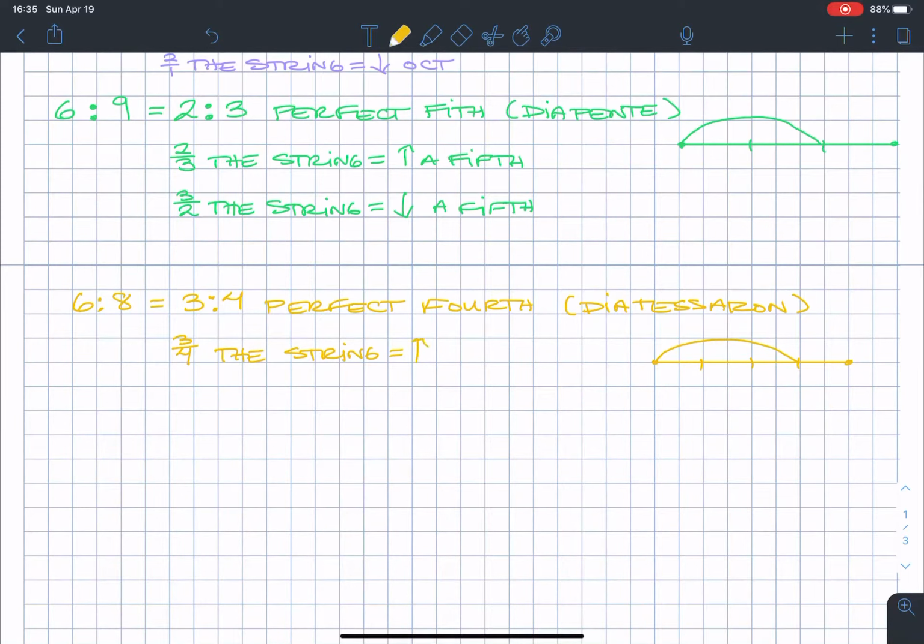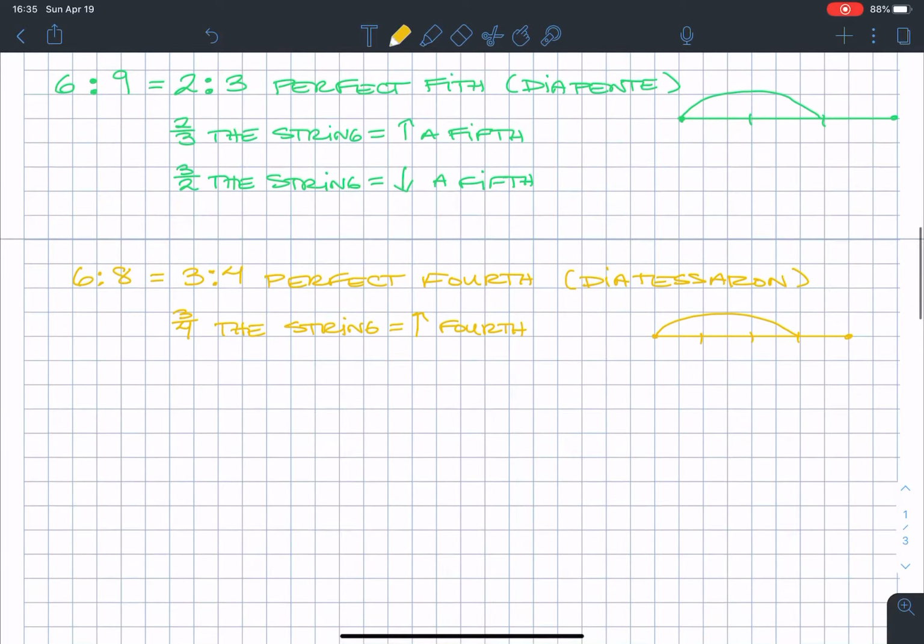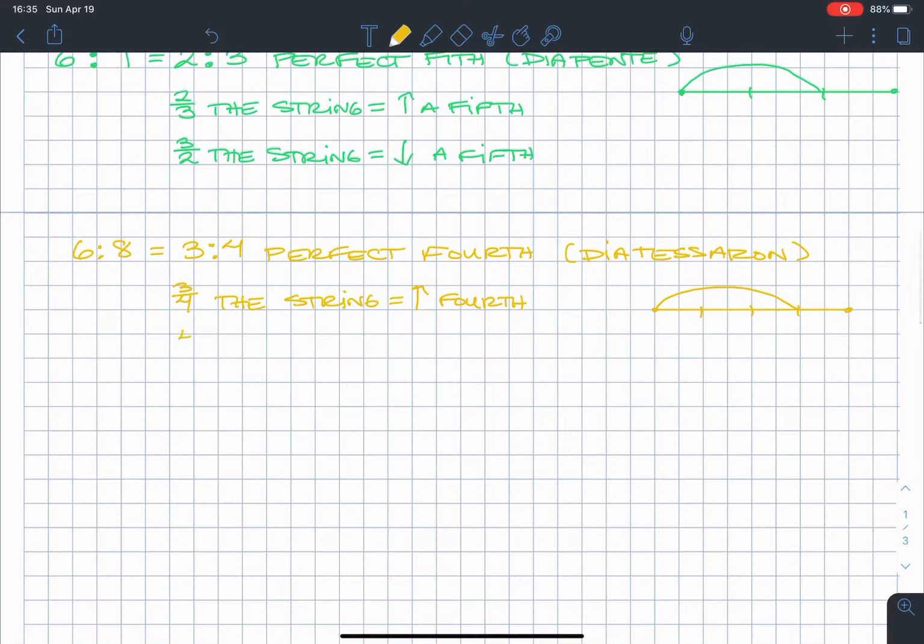So this is going up a fourth. Whereas if I had 4/3 the length of my string, that's longer than 1. So the string is going to go down because it's now a lower frequency, down a fourth. Okay.